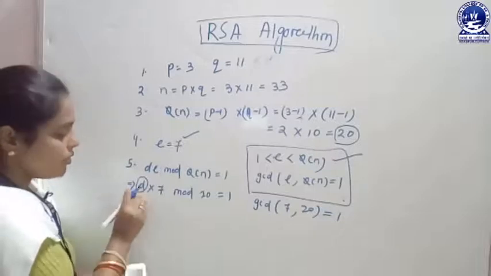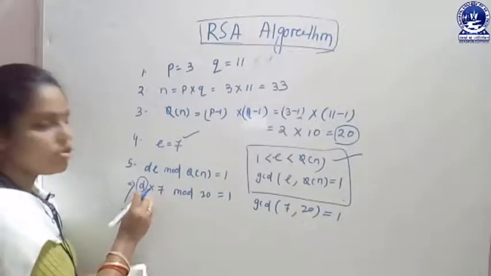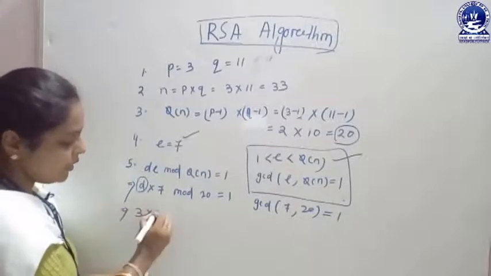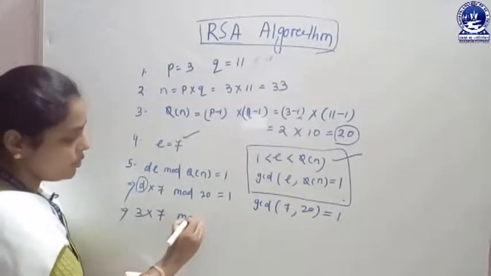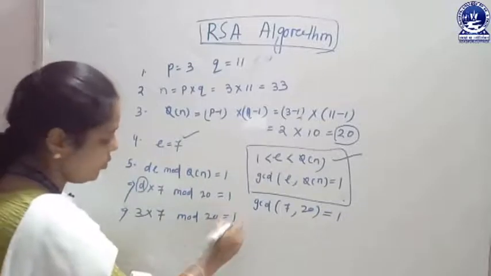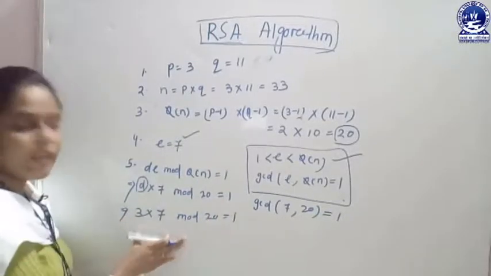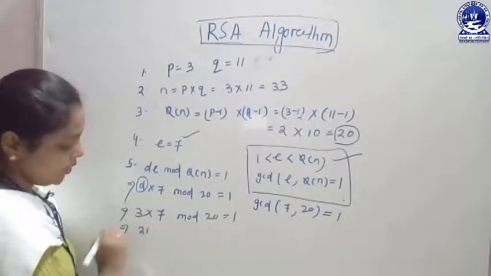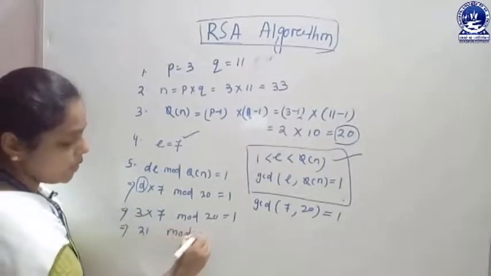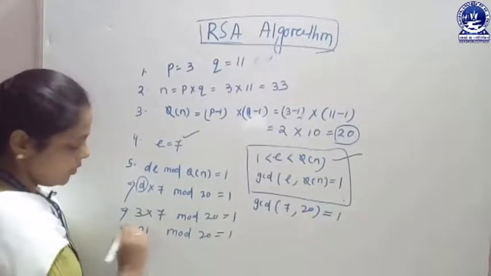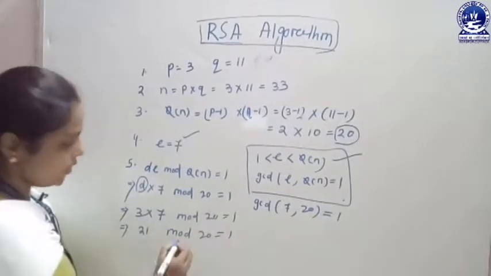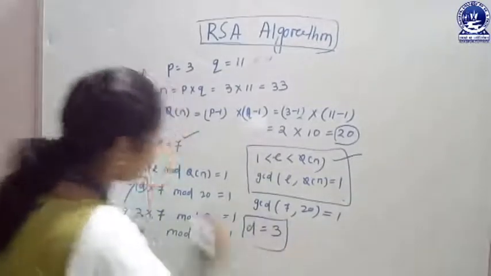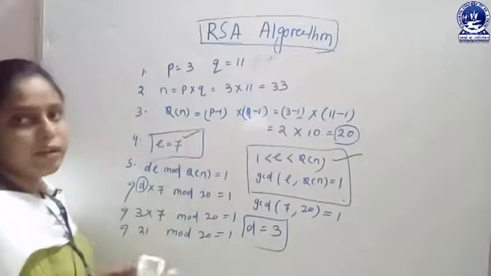Now suppose you choose the d value, that is 3. That means 3 into 7 mod 20 equal to 1. Now look at here. This equation is satisfied because 3 into 7 equal to 21 mod 20, which is equal to 1. That means our d value is 3. This is our d value and this is our e value.